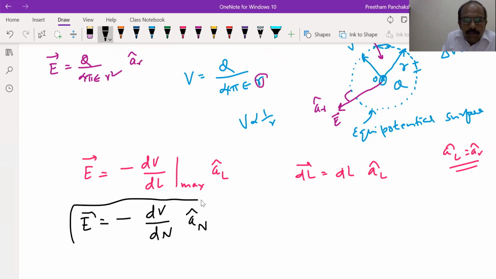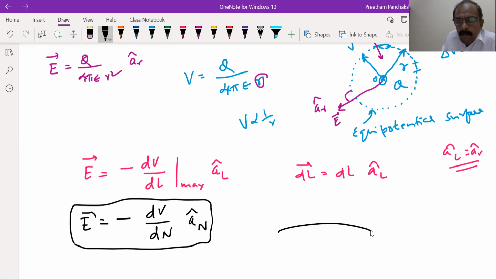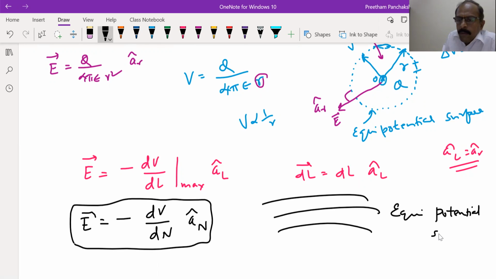This gives some useful condition. Here, we consider equipotential surfaces. These are the surfaces over which potential remains constant. For example, on the outermost surface, potential may be V1 throughout the surface, the second one V2, and the third one V3, maybe like this. So each surface has a constant value of potential.